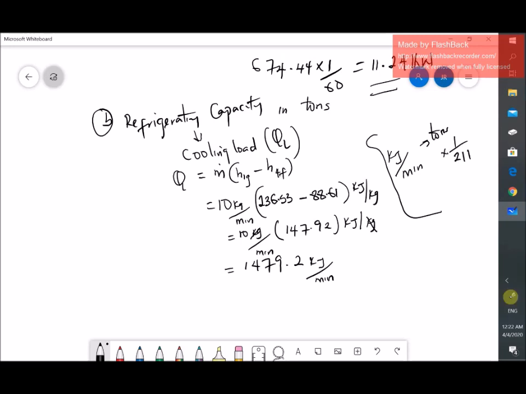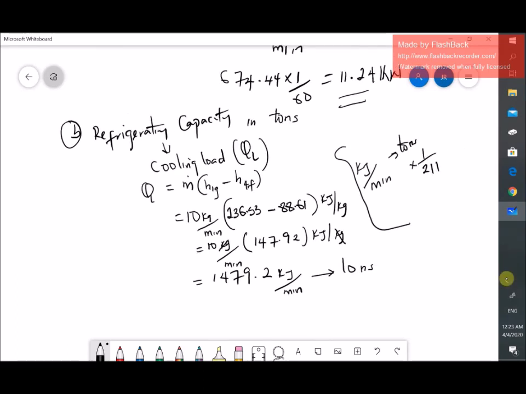So I will convert these to tons by multiplying 1479.2 times 1/211, and that gives us 7.0 tons. That is our answer for the refrigerating capacity or cooling load.